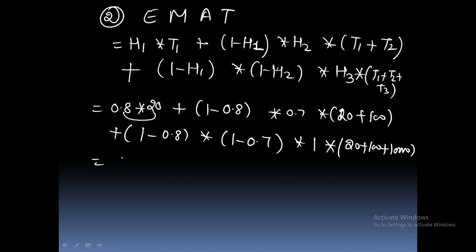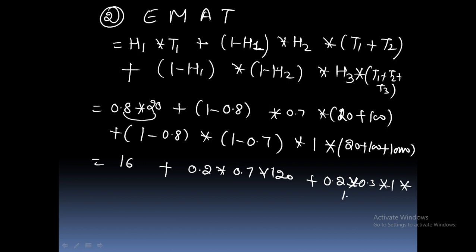Now solve it. That is 16 plus 0.2 multiply 0.7 multiply 120 plus 0.2 multiply 0.3 multiply 1 multiply 10,120. Now 16 plus 2 sevens are 14. 120 multiply 14 gives 16.80.